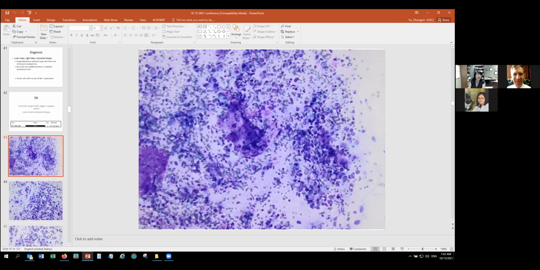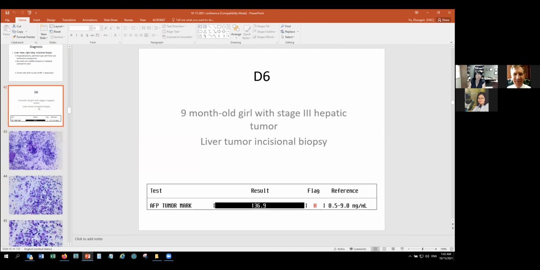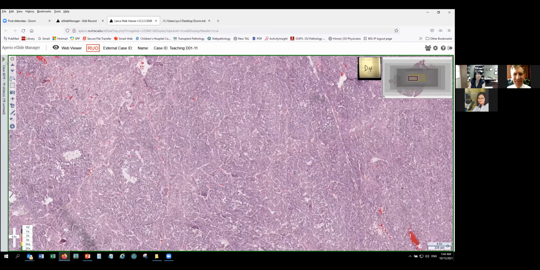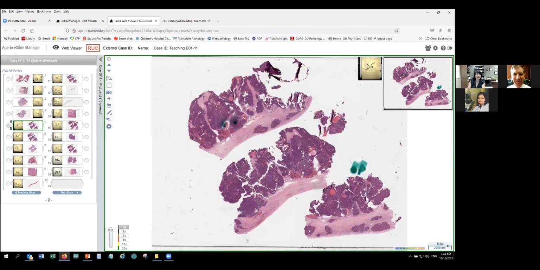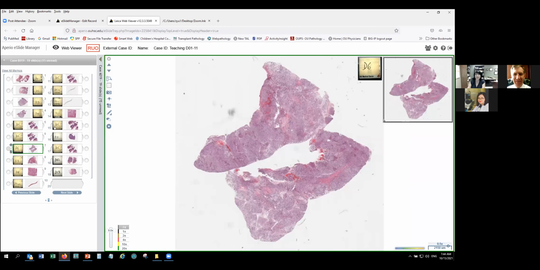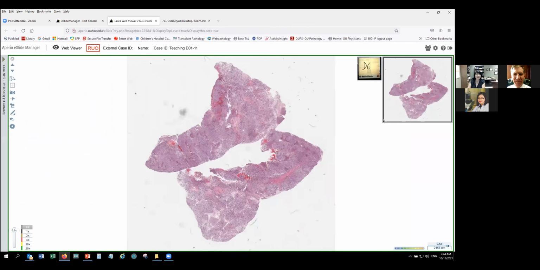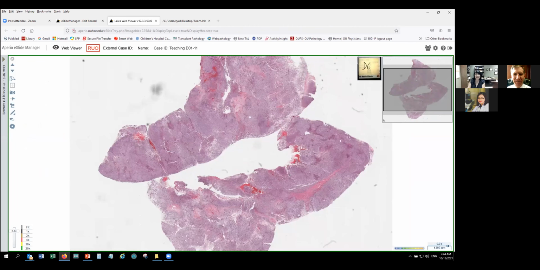So again, we did a touch imprint. Let's go to digital slides, D6. Again, it's liver.